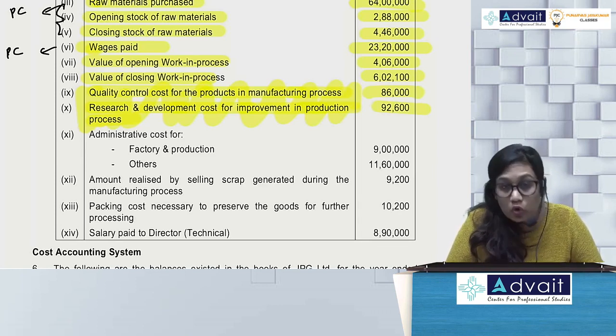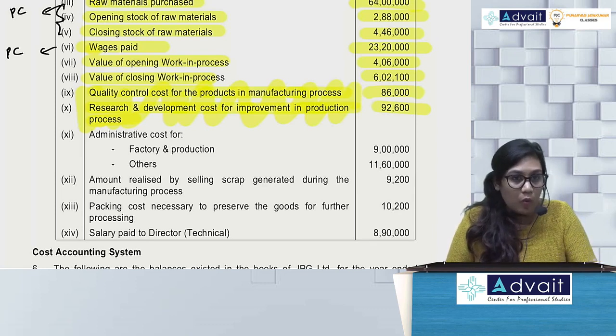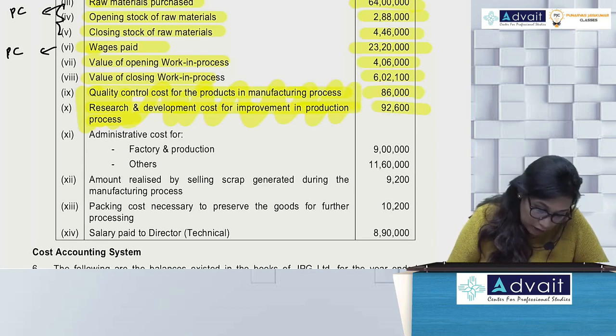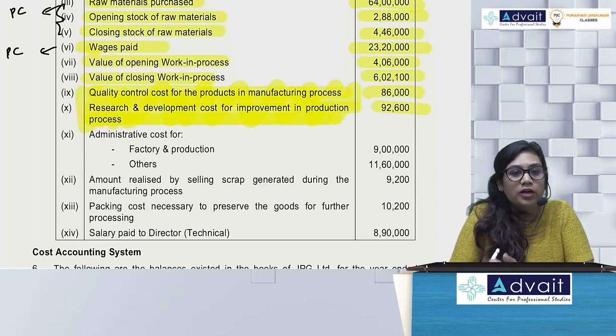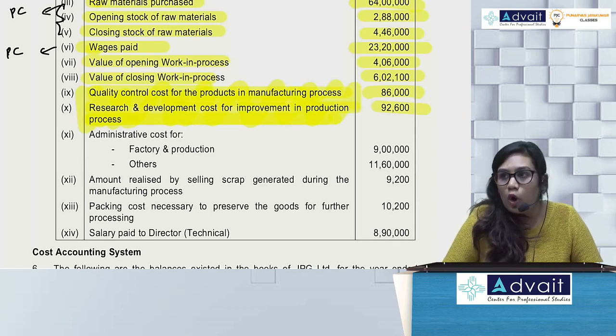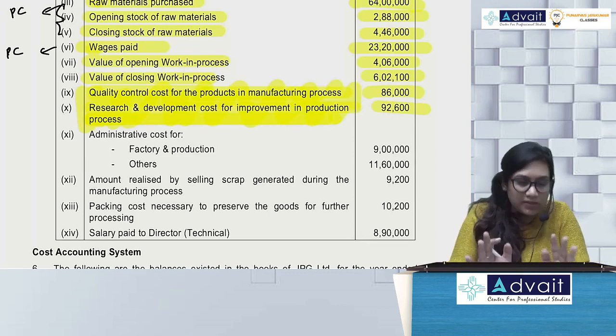So we will follow the new cost sheet format because they have given us the changes as per what was made in the new cost sheet format. So these items were separately kept after my factory cost in order to obtain my cost of production in the new cost sheet format. So I will keep them separately.